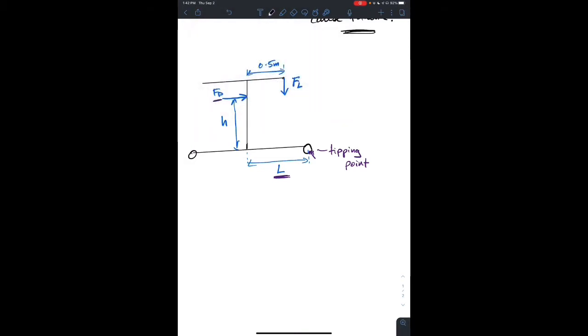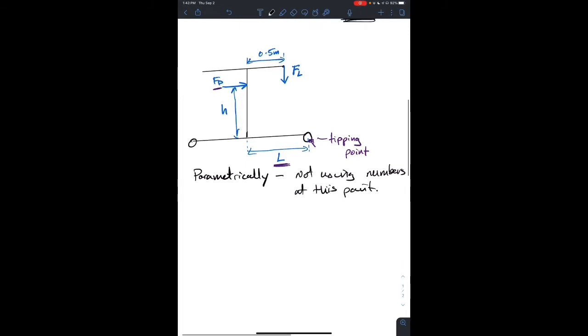Now everything will be done parametrically, meaning that we are not using numbers at this point. The reason is that as we move on, we will see that certain things might cancel off.